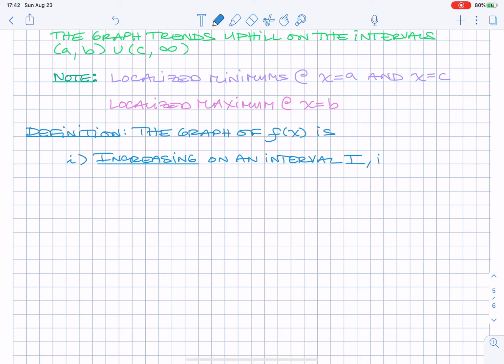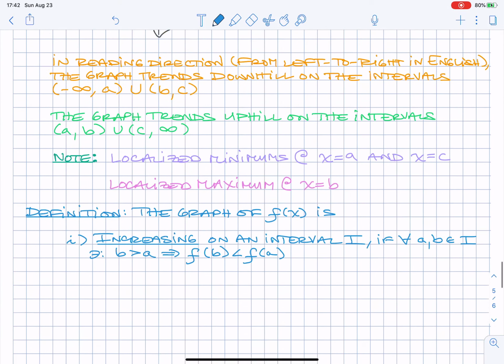If for all A and B elements of the interval such that B is larger than A, then this means that f of B is less than f of A if we're increasing.